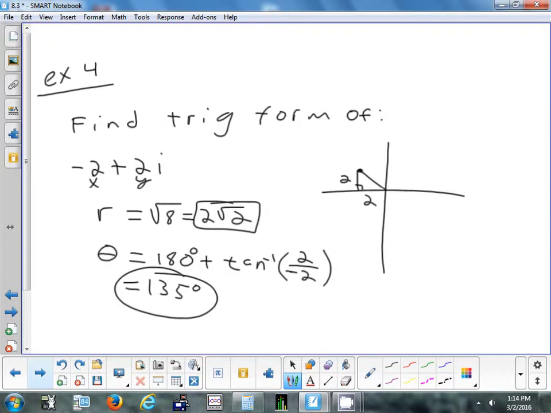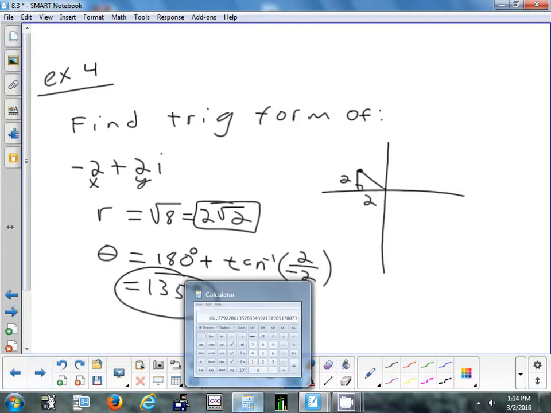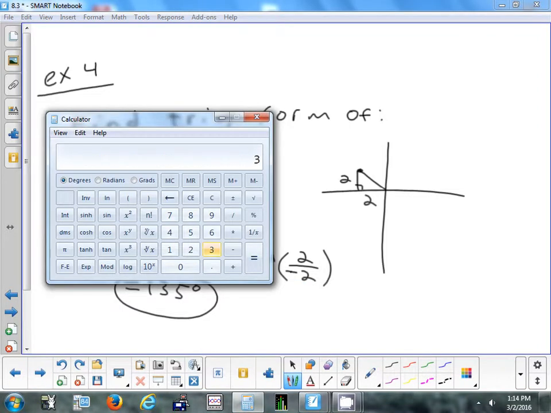Right? Doing it in degrees is always a good idea. Because if I did this in radians, I would have gotten this number, 2.356, and I would not recognize that as anything special.